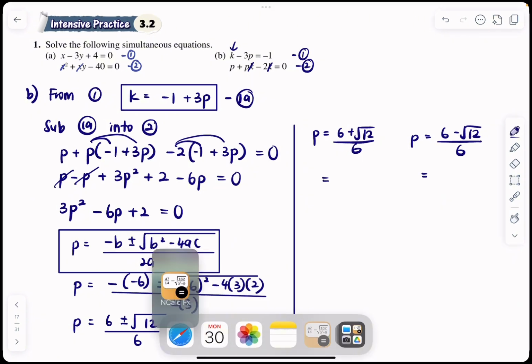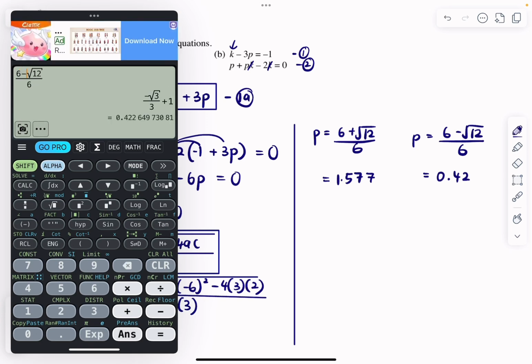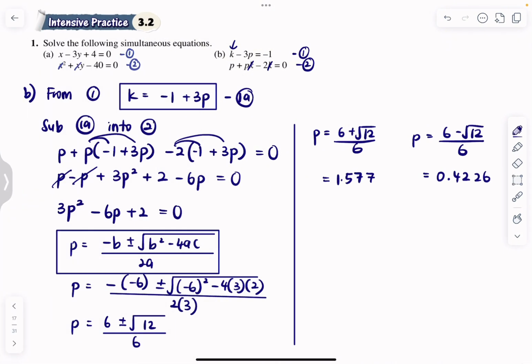So that will give us 1.577. And then the other will give us 0.4226. We normally take 4 decimal places.